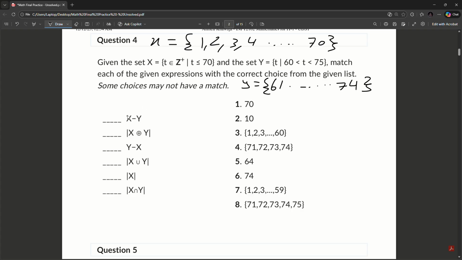What it's asking is to give the result set of X's set subtracting the values that are in the Y set. So instead of 1 to 70, you're removing 61 to 74, which means it's going to be 1 up to 60. So it is option number 3.